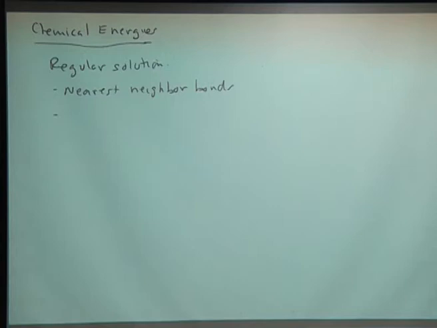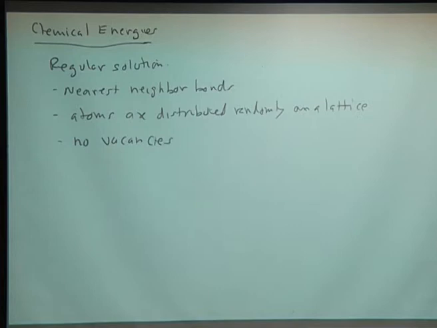The atoms are distributed randomly on a lattice. And there's no vacancies in these models. No vacancies in the simplest kind of regular solution model. And so you have energies of the bonds.